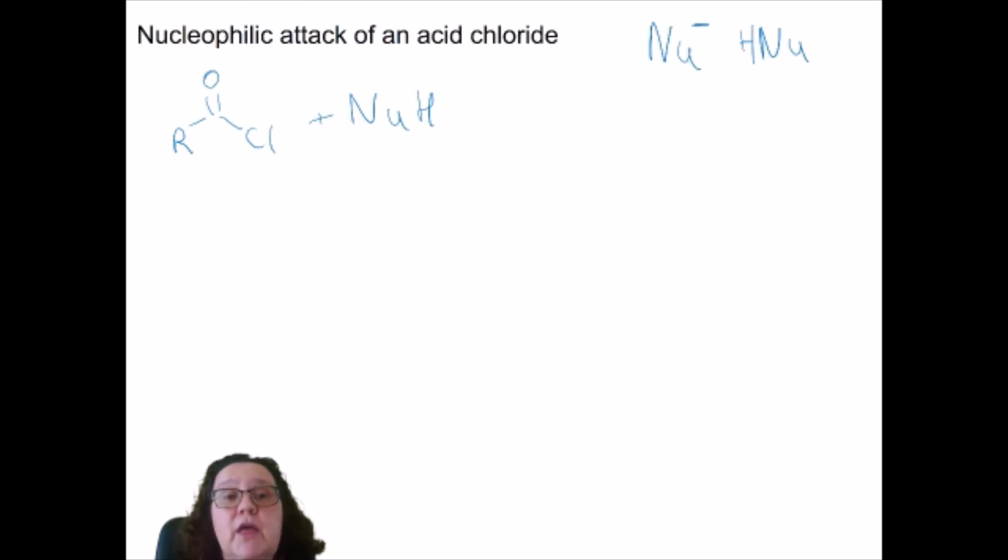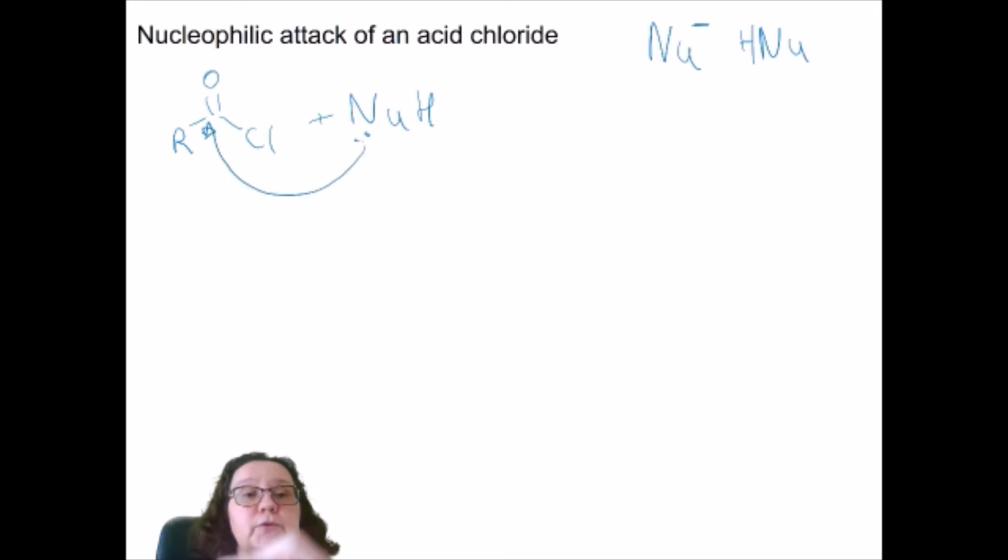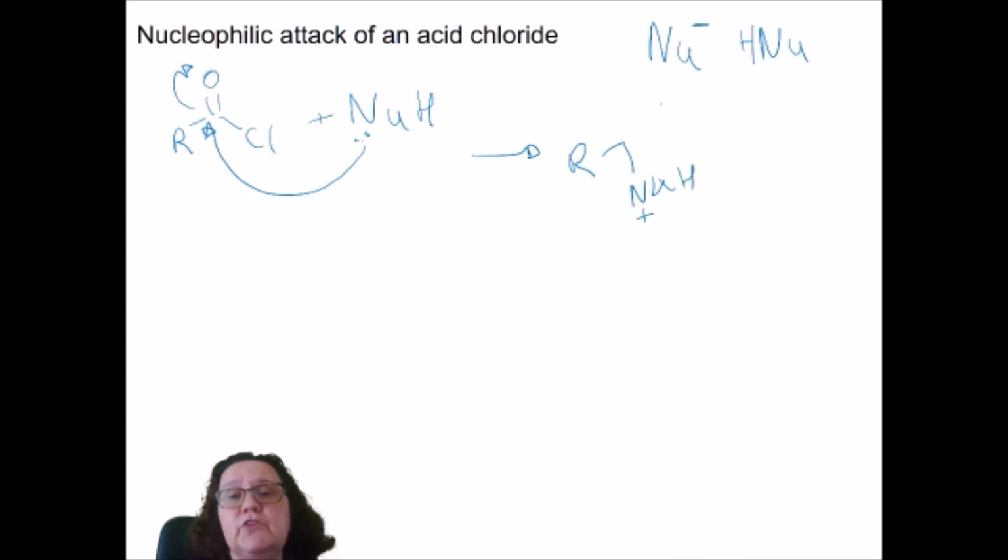The first step is the attack of the nucleophile on the carbonyl group, and the breakage of that carbon-oxygen double bond, and the formation of this intermediate. You've got the nucleophile, which will be protonated because it hasn't lost the hydrogen yet. You've got the chlorine group here, and you have an oxygen.